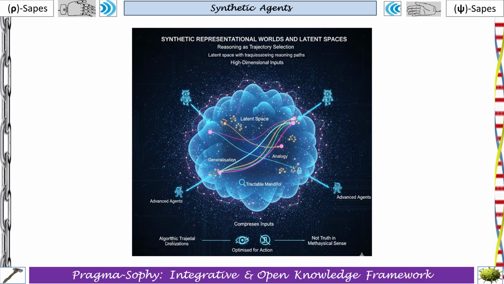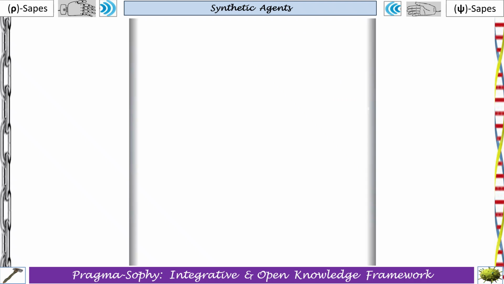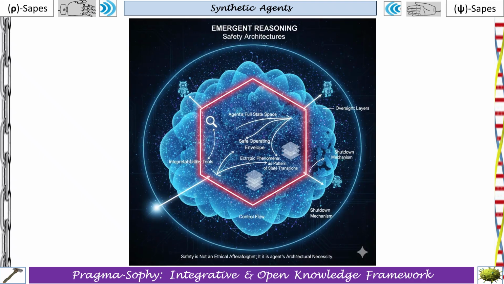They are optimized for action, not for metaphysical truth. Reasoning emerges when representational richness meets optimization pressure. It is not a module, it is a pattern.